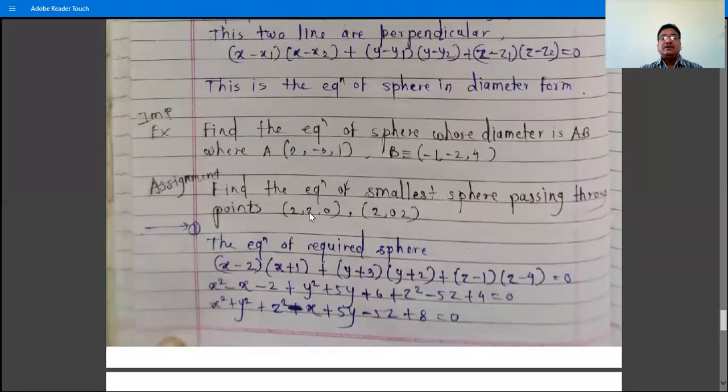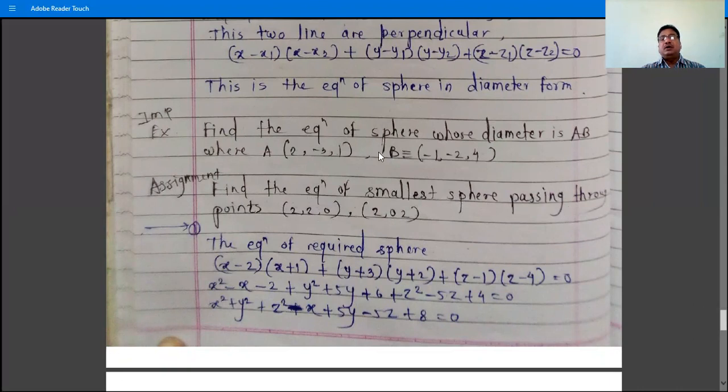The second question is the same, but the wording is different: find the equation of the smallest sphere passing through these 2 points. So we have to find the equation of the sphere whose end points of diameter are these two points. If we find that, then it is the smallest sphere passing through those 2 points.